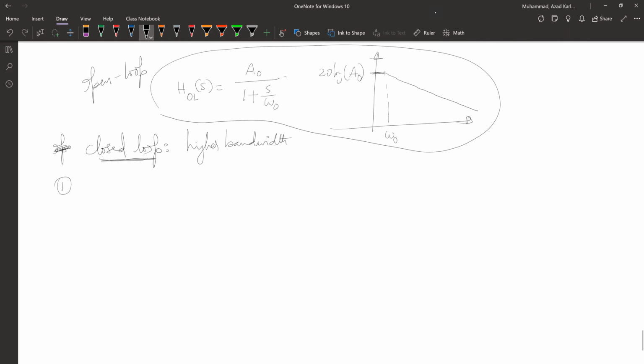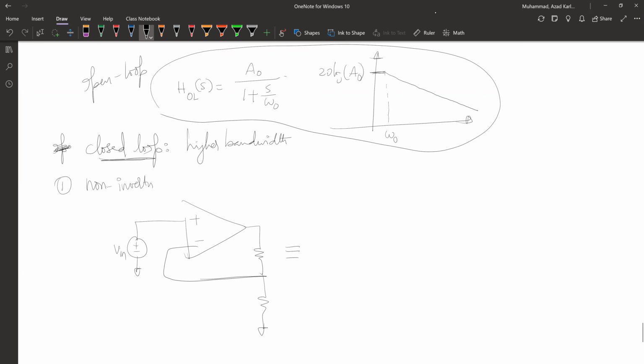Let's take the first case, which is the non-inverting case, right? For non-inverting, we basically have the input going to the positive terminal and a feedback like this.